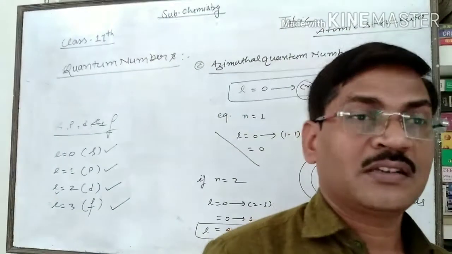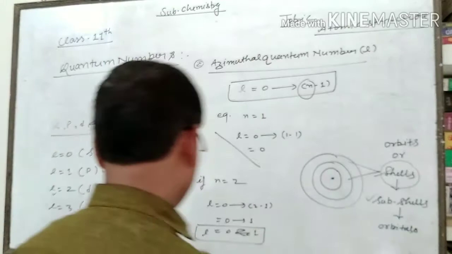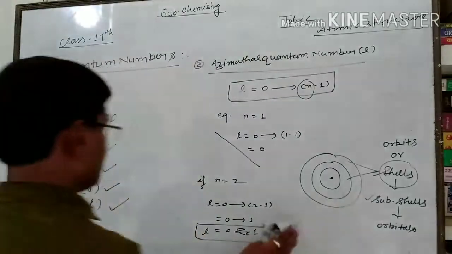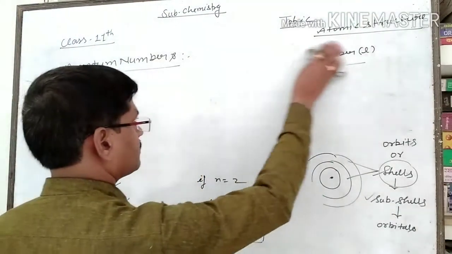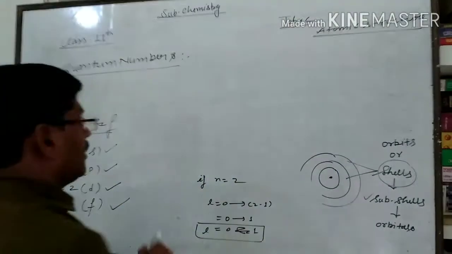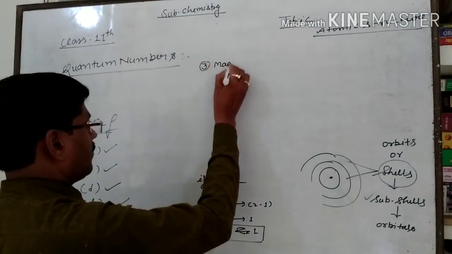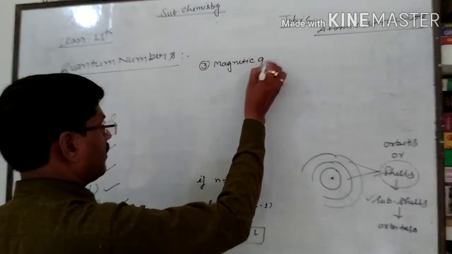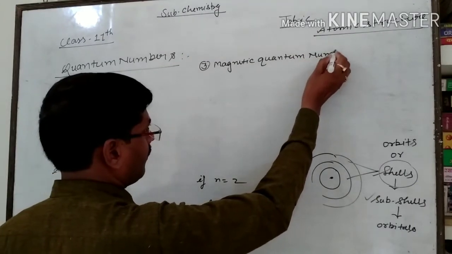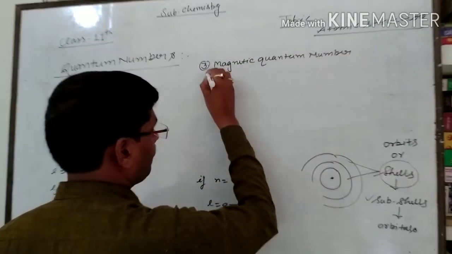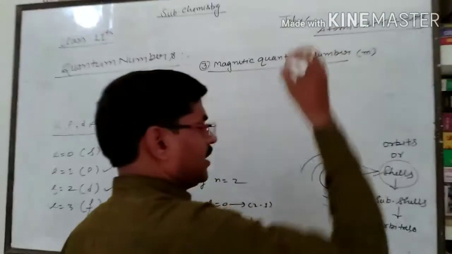After that, I have to discuss the third quantum number, the magnetic quantum number, represented by small m.